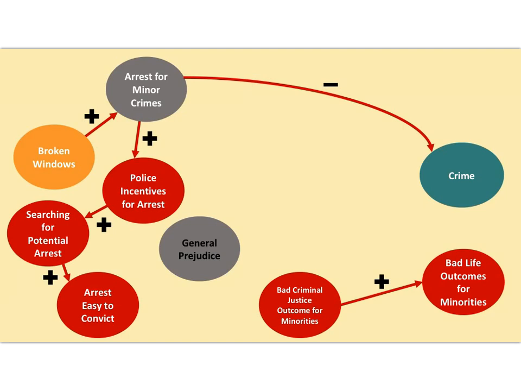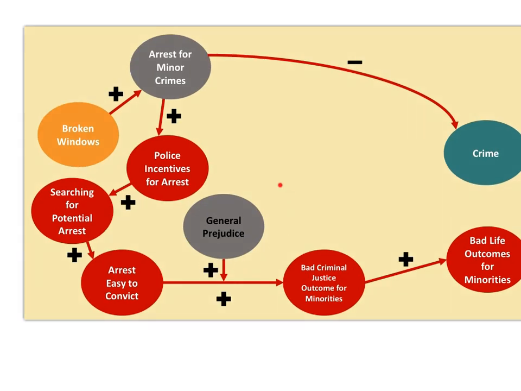So if they're searching around for whoever they can convict, supposing there's general prejudice, maybe even not on the part of the police officer, but out there with judges and juries, even if a police officer didn't wish or try to discriminate, they might end up discriminating if that's going to help them get conviction. So the general level of prejudice out there is a moderator.